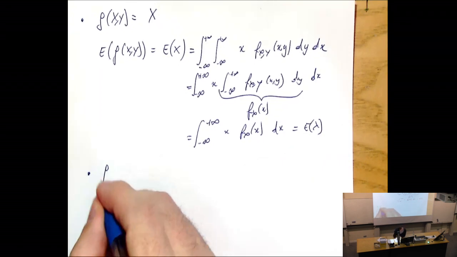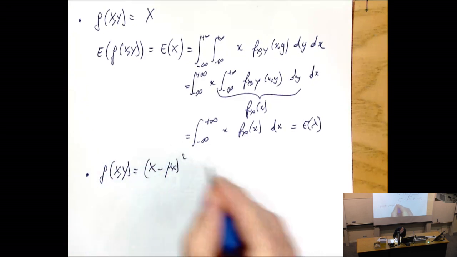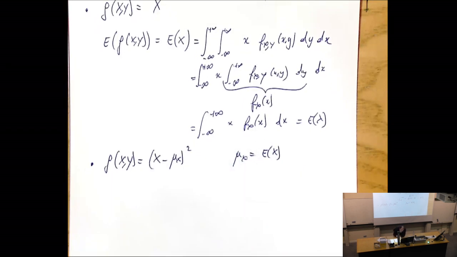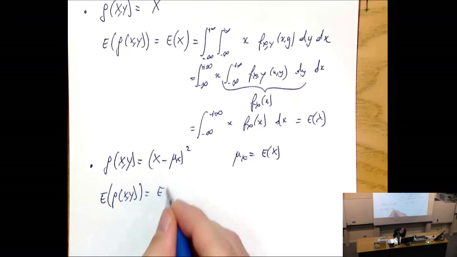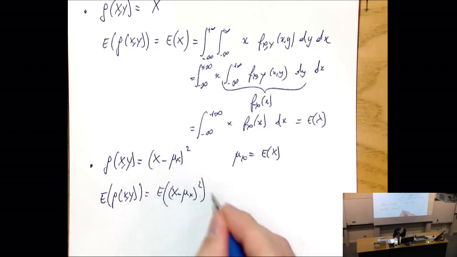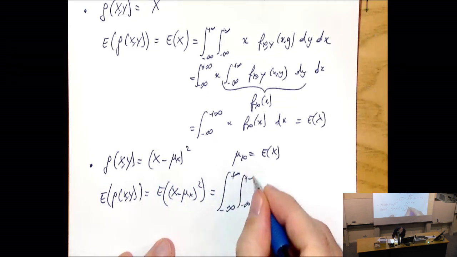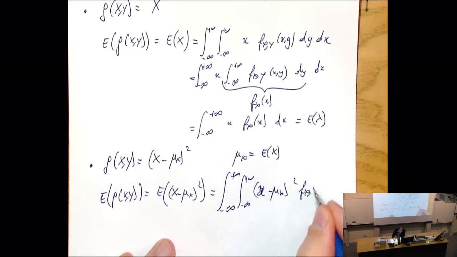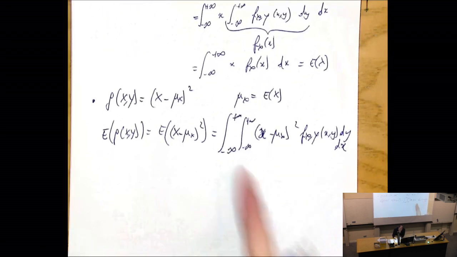What if now this function g of xy is simply x minus mu x, squared, where mu x is the expectation of x? Well, here I can do the same thing. I can say now the expectation of g of xy is the expectation of x minus mu x squared, which is the integral between minus infinity and plus infinity of x minus mu x squared multiplied by the joint PDF dy dx. And I can do the same thing as before.